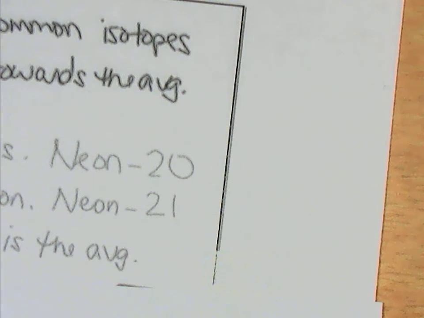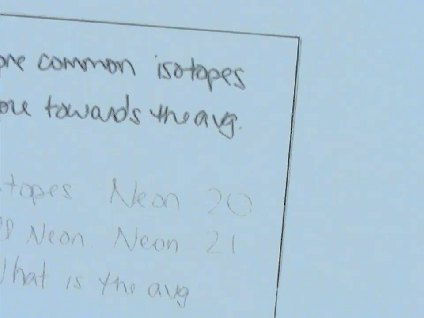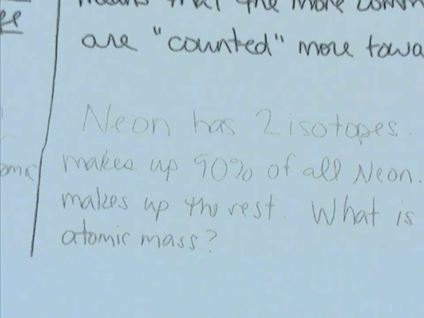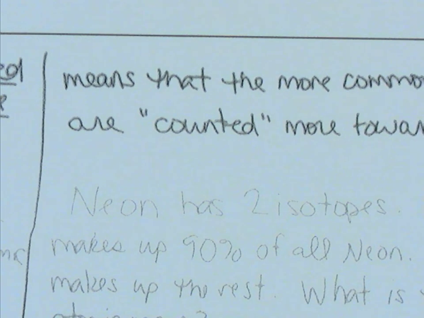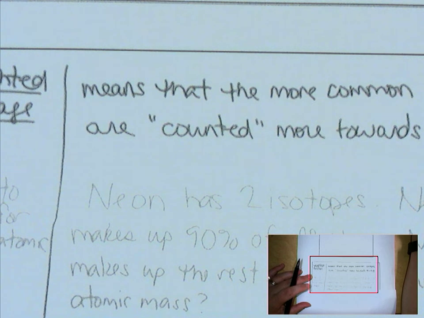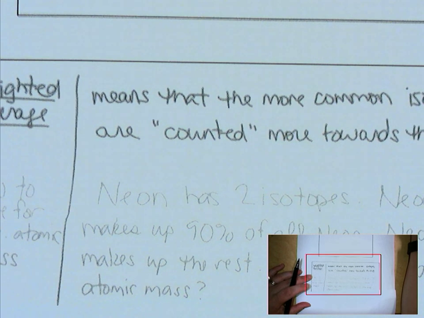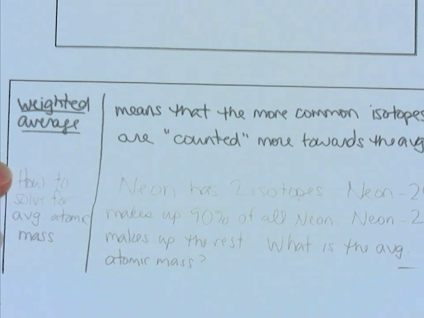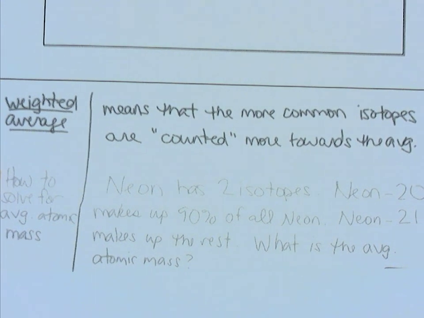Let me give you an example. And if some of you wanted to write this definition down in your notes, if you want to pause it for a second. So remember, weighted average means that more common isotopes are going to be counted more towards the average.